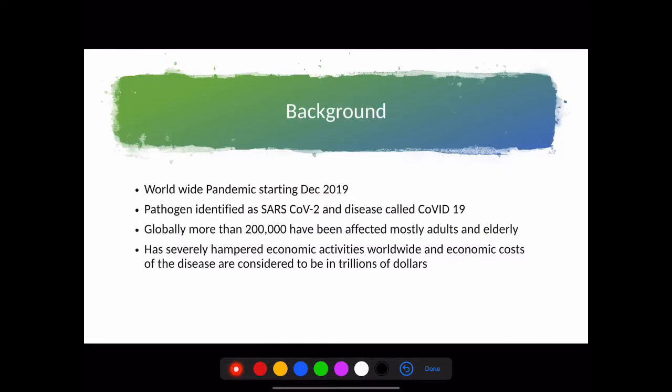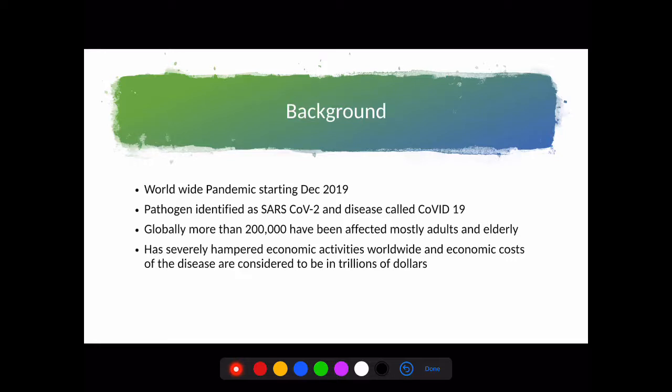You all know that this coronavirus disease started in one city of China, Wuhan, in late December in 2019, and from there it has gradually spread to the rest of the world to the extent that it was then declared as a worldwide pandemic by the World Health Organization.